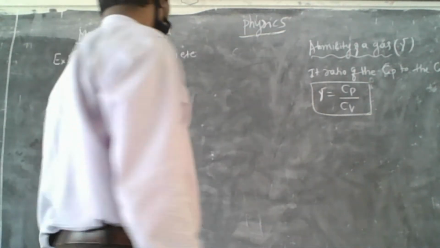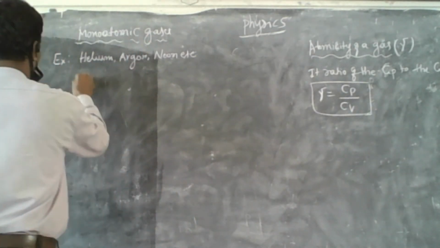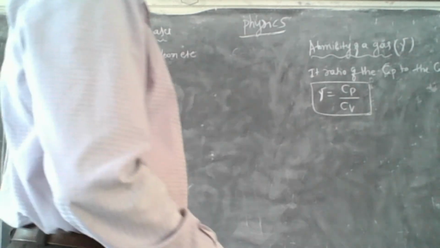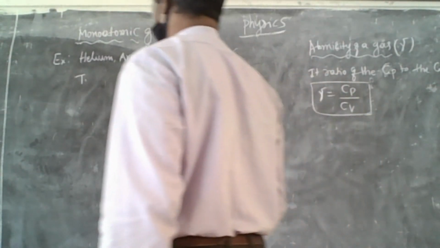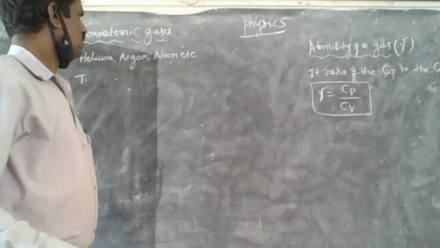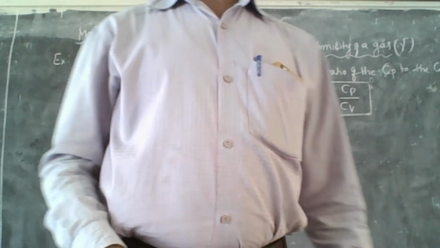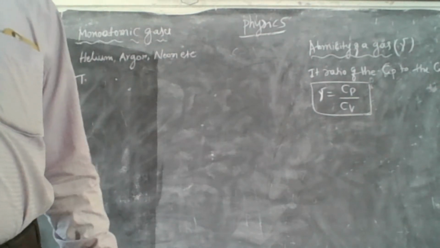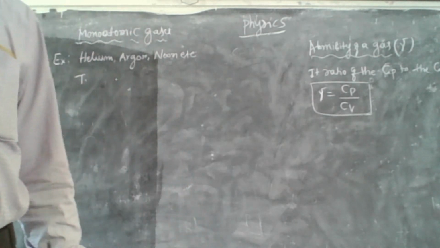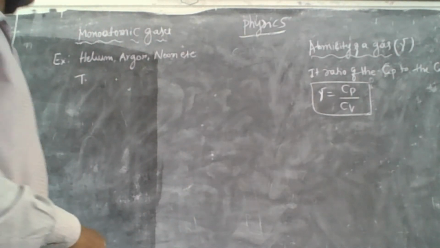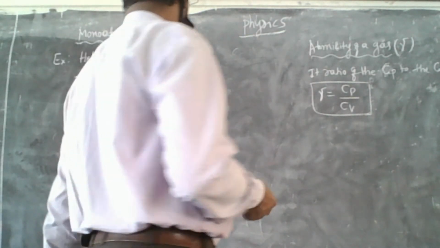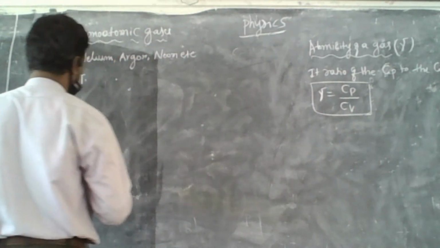Consider 1 mole of a gas at absolute temperature T. The molecule of a monoatomic gas can be considered as a point mass. Hence, it does not have any rotational degrees of freedom or vibrational degrees of freedom.